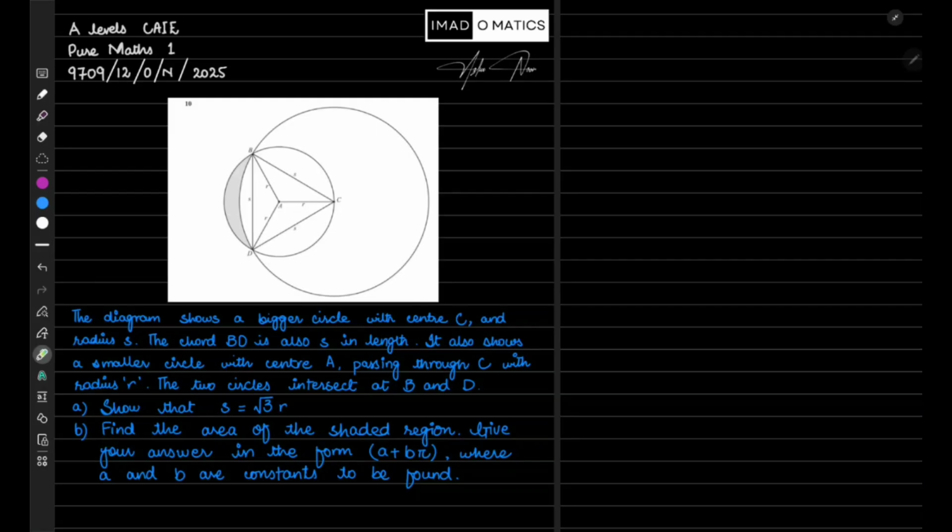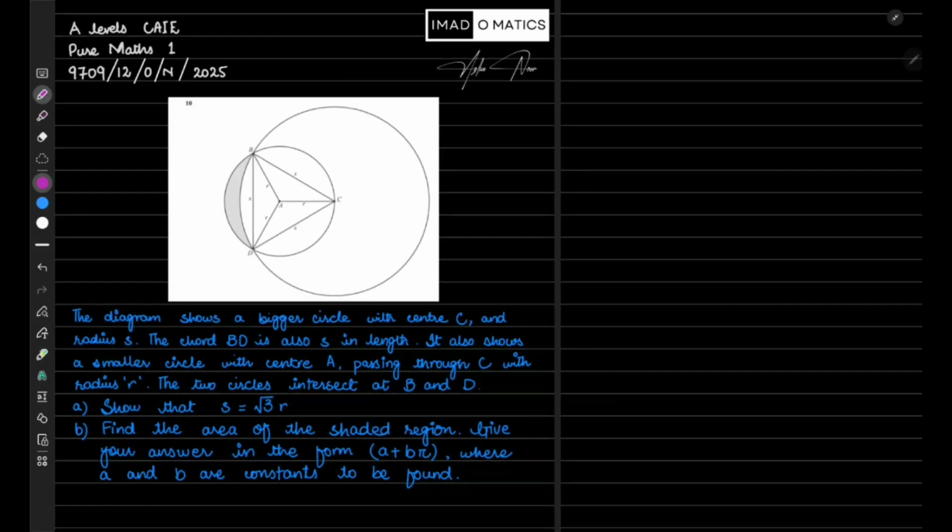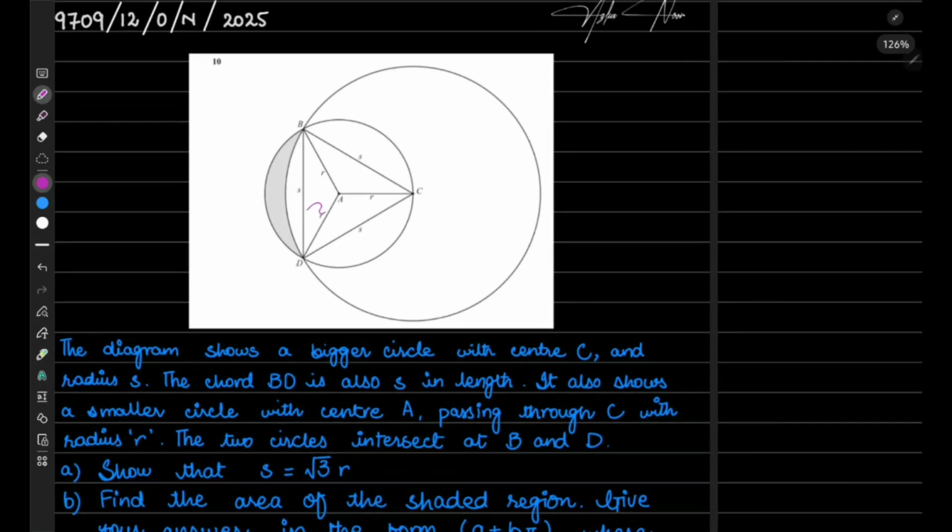For this we need to look at the smaller circle. You can see this is point A, the center.